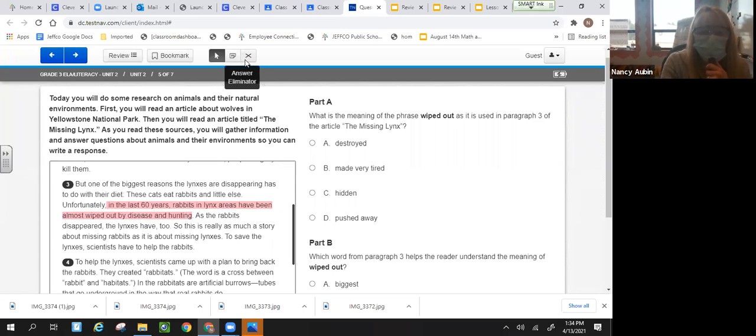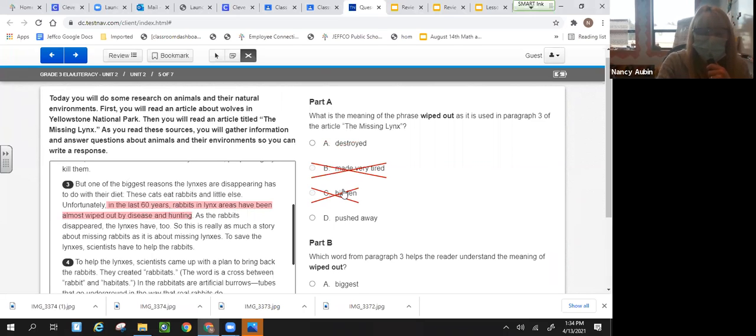Okay, so we could use our answer eliminator. Let's look at C, hidden. In the last 60 years, rabbits in lynx areas have been almost hidden by disease and hunting. Would that work? No, you're not going to hide. They're not going to be hidden because of disease.